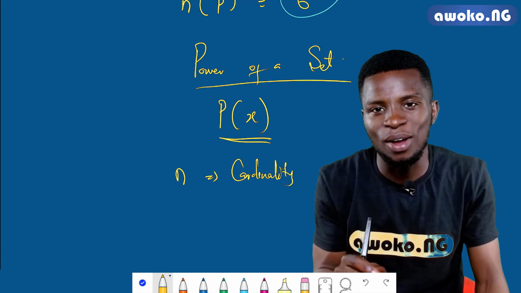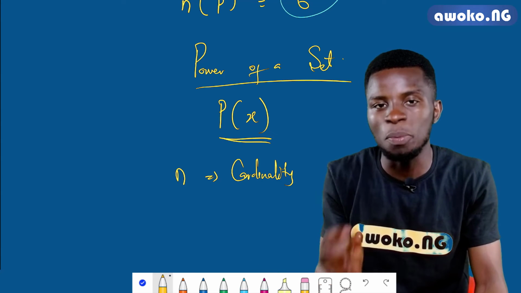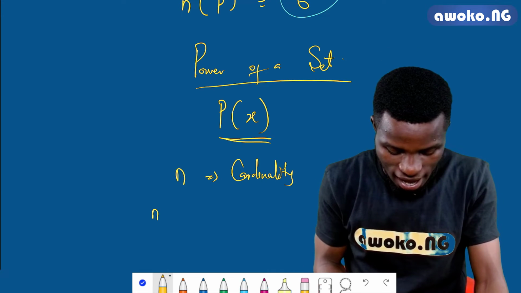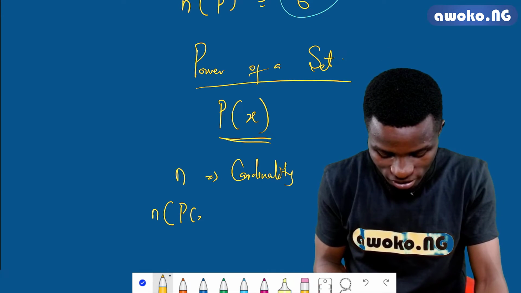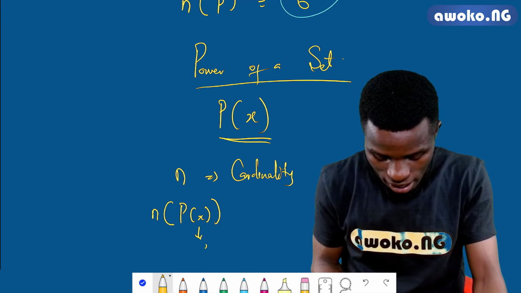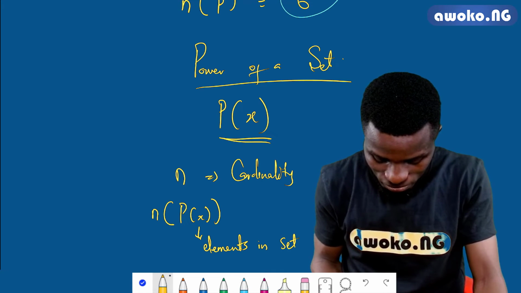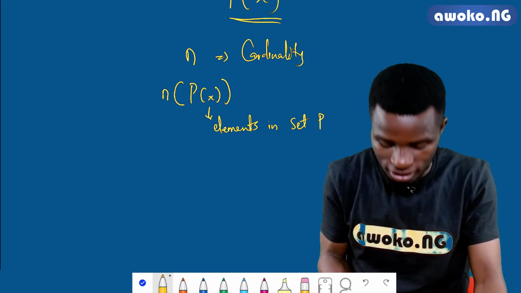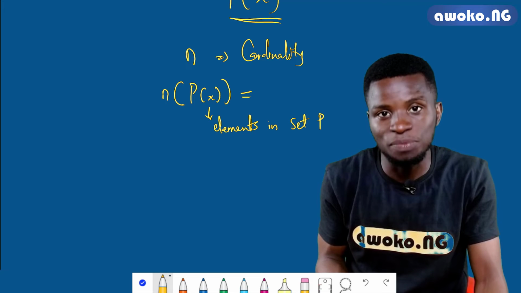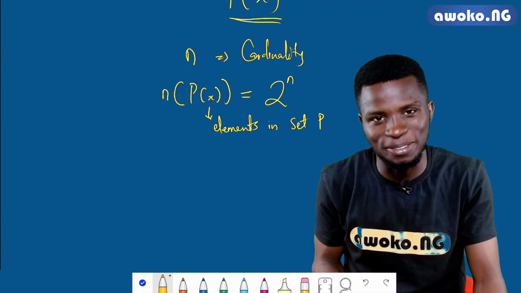Therefore, the power of the set P, let's take P as the set we are considering, is denoted by n of P of X, where X signifies the elements in set P. This power of a set is equal to 2 raised to the power of n.